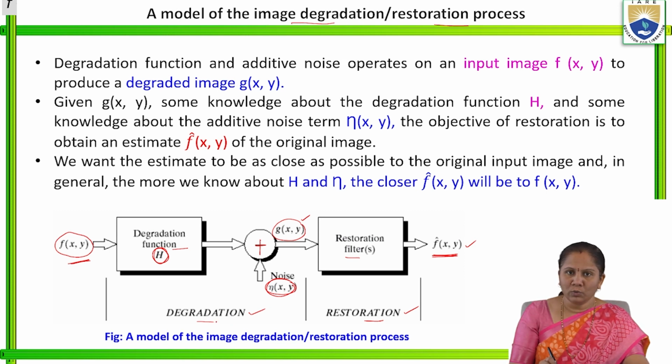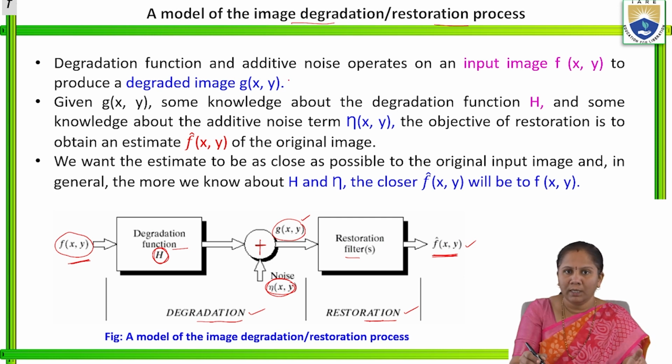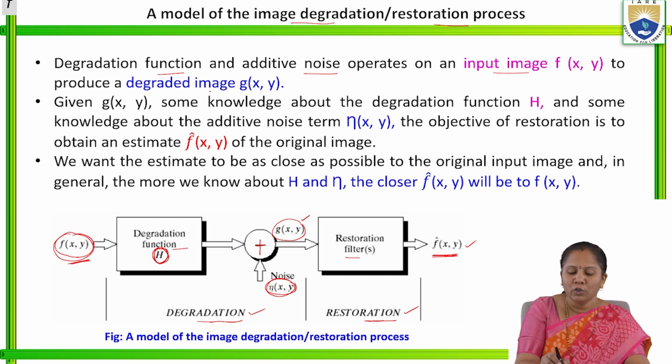The two steps we are following are, first, we degrade the input image, and then we restore that degraded image. According to the block diagram we have discussed, the degradation function h and the additive noise eta of x comma y operate on the input image f of x comma y to produce the degraded image g of x comma y.